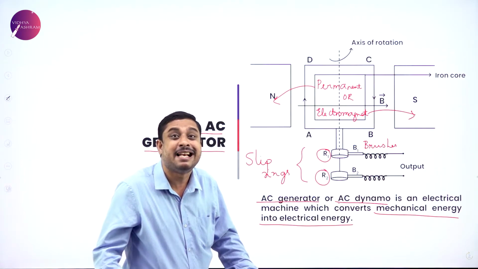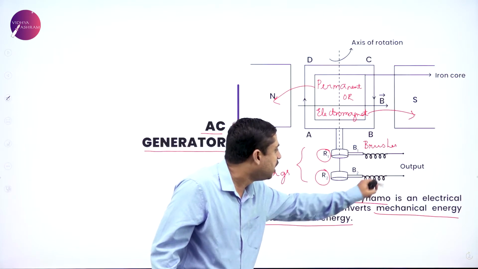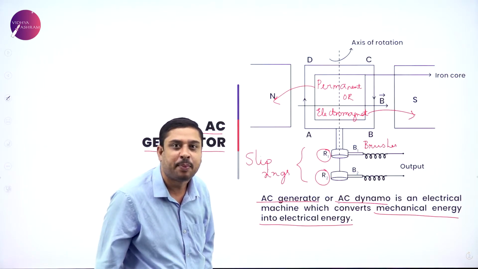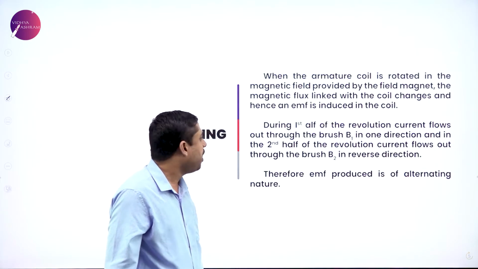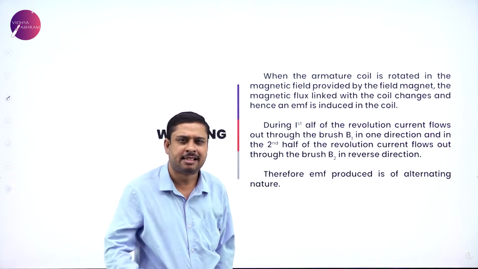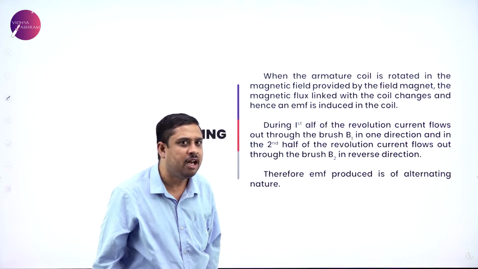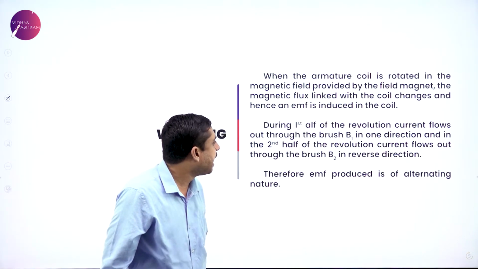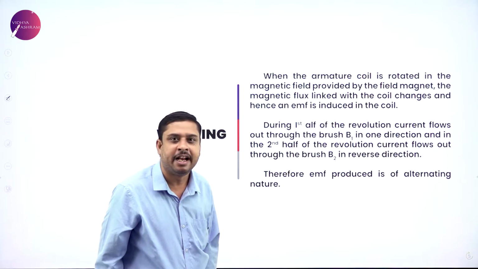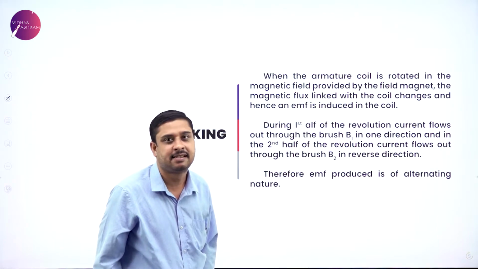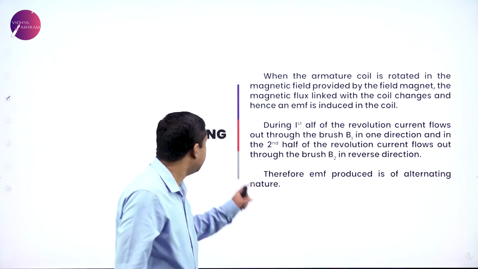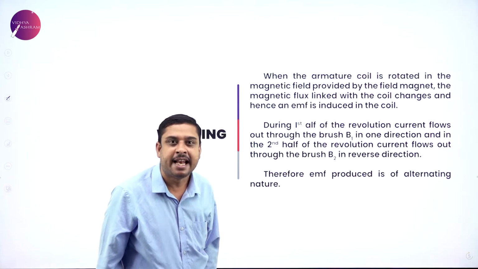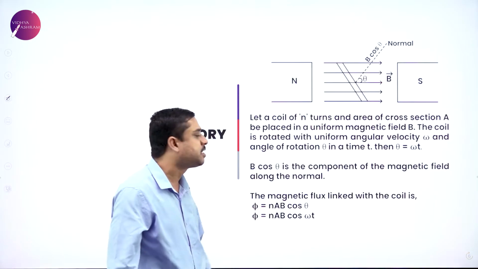Whatever output is necessary is measured across the brushes. Now, going to the working, it's a small assignment for you all. Exactly as we have studied in our previous concepts, please look over and study the working of an AC generator.